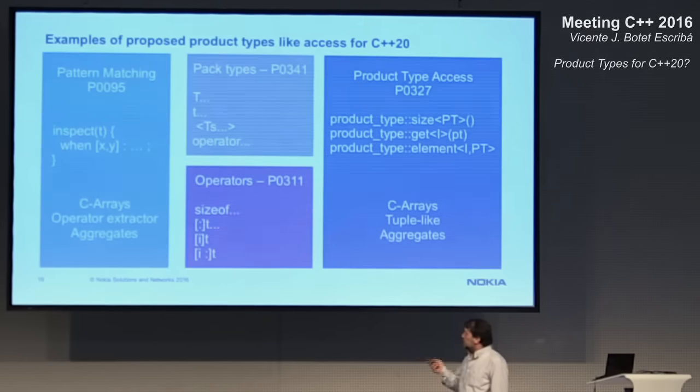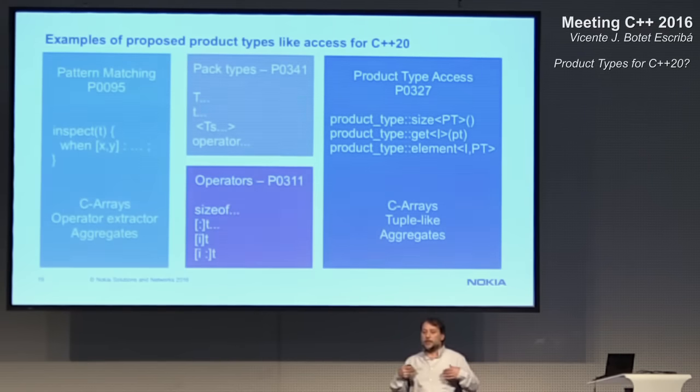This is the reference. On one side we have pattern matching for variants and tuple-like types. We have pack type literals, with an extension of where we can use parameter packs.